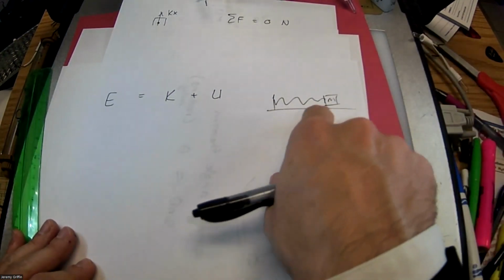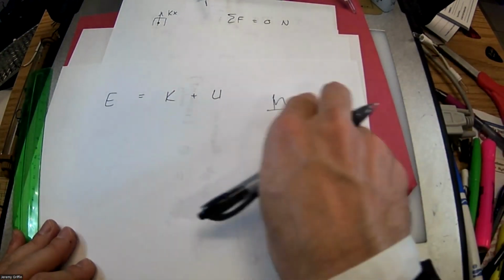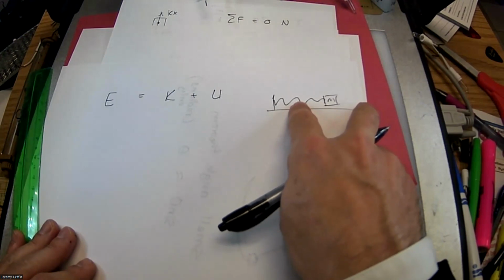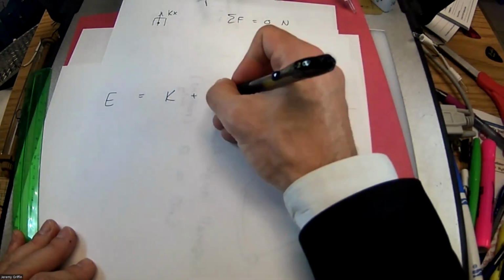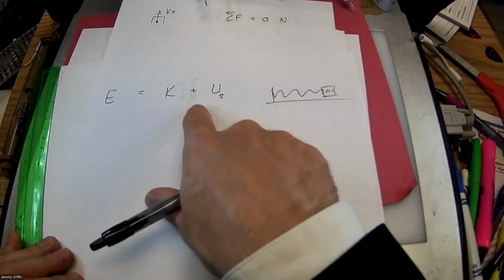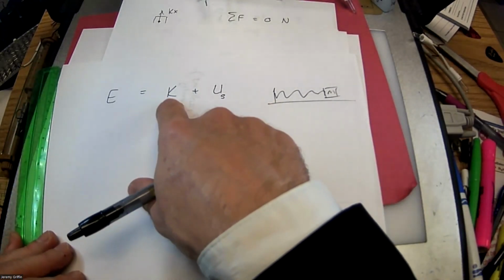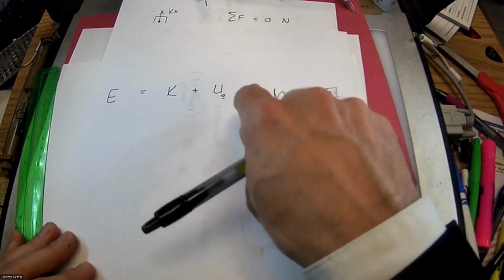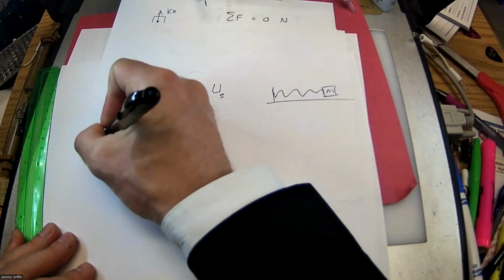And when it's going through the equilibrium point, it's all kinetic. And when it's at the extremes, it would have zero speed. So zero kinetic would be all spring potential, right? Maybe we'll call it spring potential. True. Right. So what about when it has an amplitude that's halfway? Okay. Well, I'm thinking about the spring potential here. Let's write down the formulas for these.